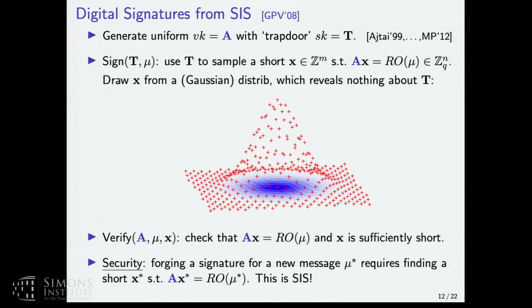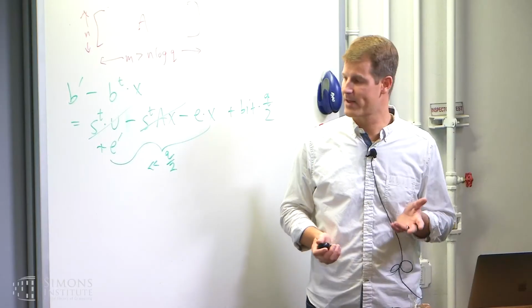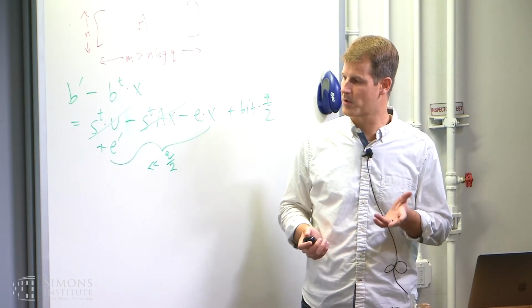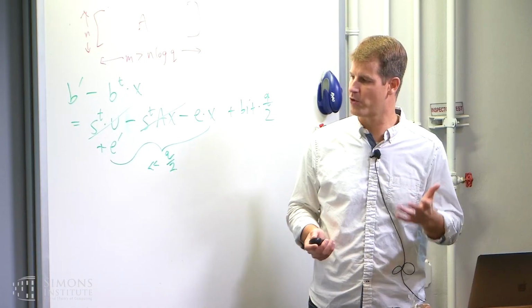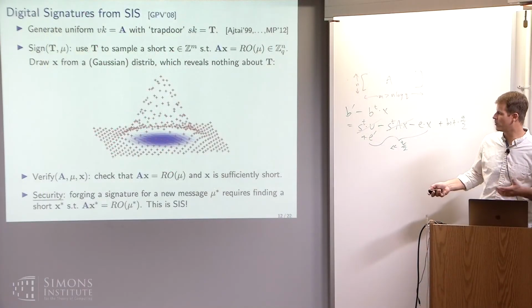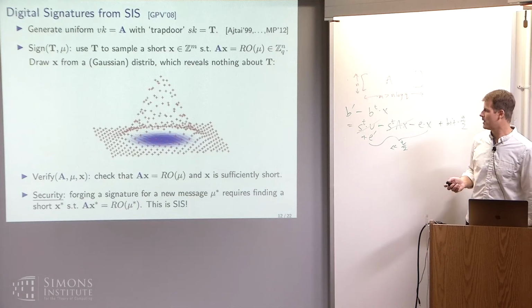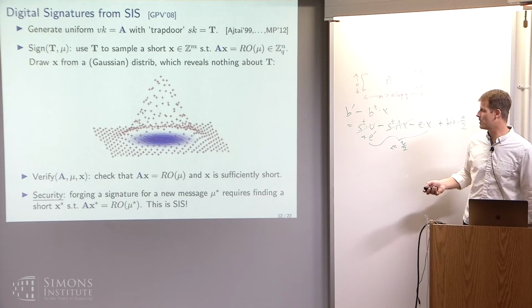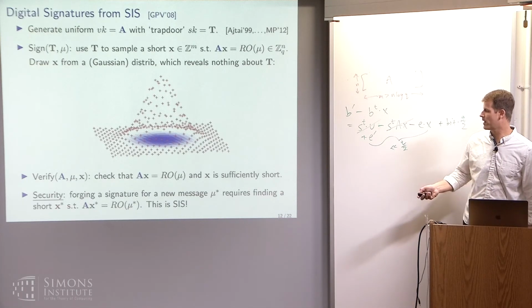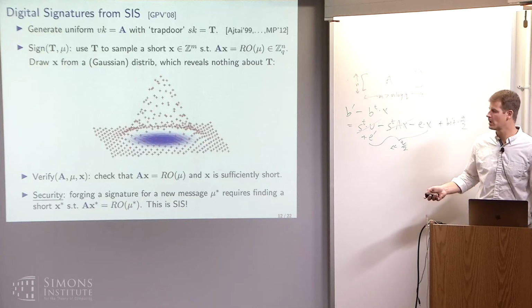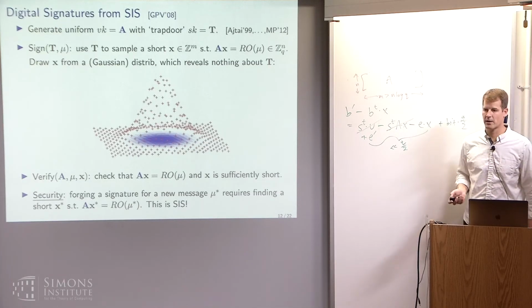So for security, in order to forge a signature for a message, suppose the forger wants to produce a good-looking signature for this mu star. Then what the forger has to do is to actually find a short vector x star such that A x star equals the hash of mu star. But this is exactly the SIS problem.